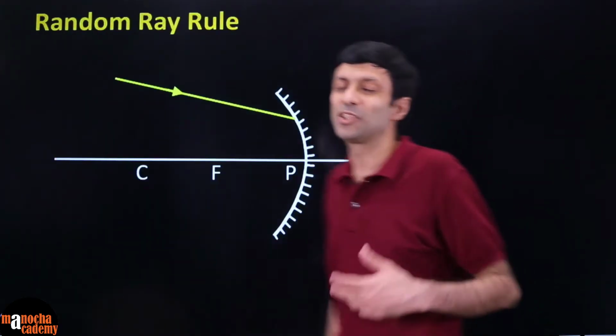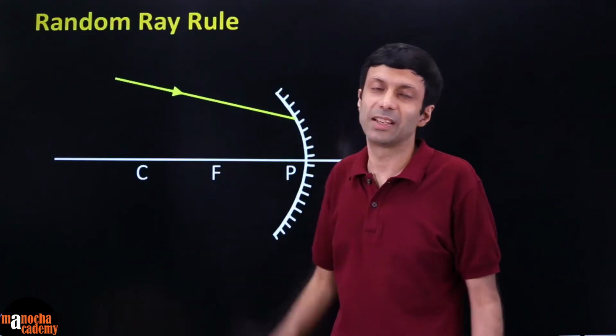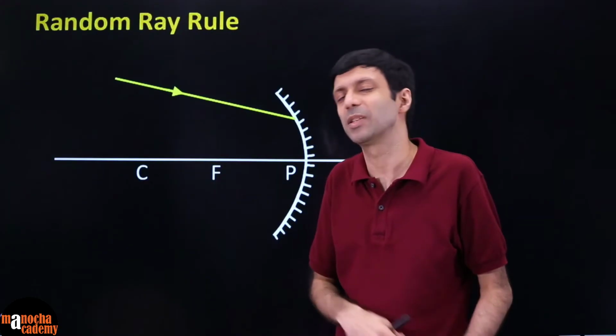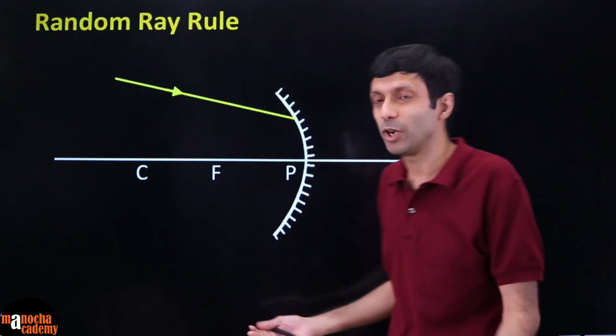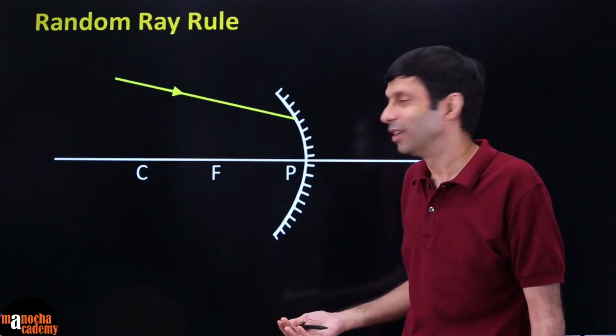And then of course I have this random ray rule, where basically I'm saying that if you are given some random ray like this, which is not parallel to the principal axis and doesn't pass through the pole, center of curvature or focus, then what do you do? How do you draw where this ray will go?